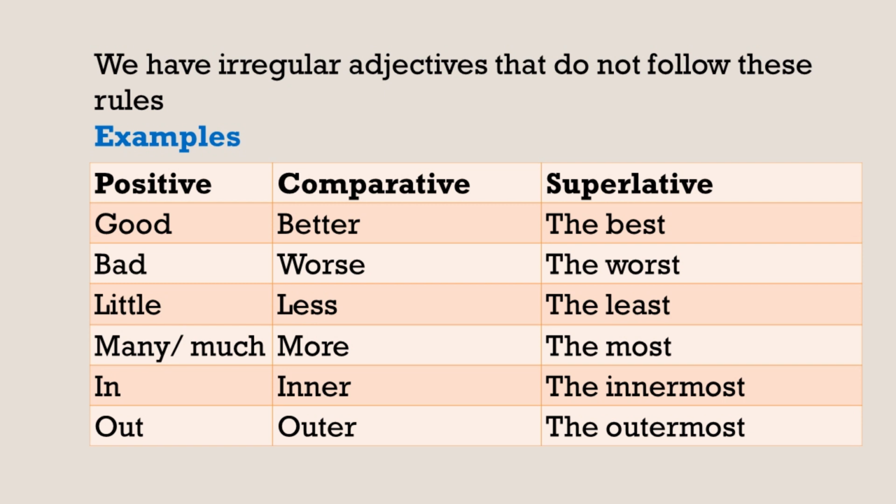Many or much in the positive, in the comparative, we have more, and in the superlative, we have the most. In the comparative, we have inner, and in the superlative, we have the innermost. In the positive, we have out, in the comparative, we have outer, and in the superlative, we have the outermost.